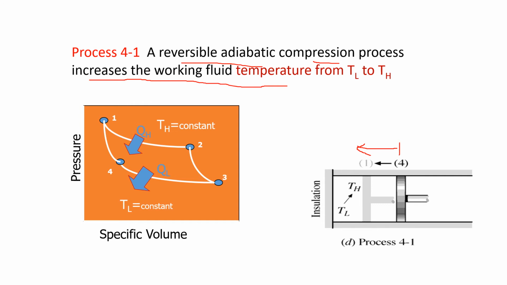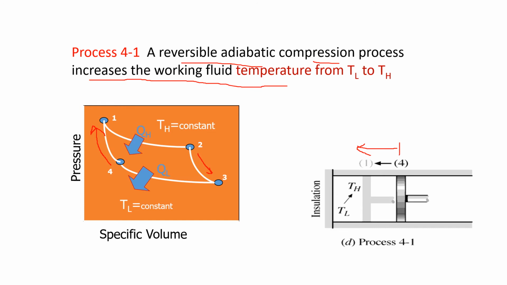When it's compressed and the pressure is going up, the temperature is also going up to TH. So pressure increases and T also increases. Here T becomes lower and here T is increasing.